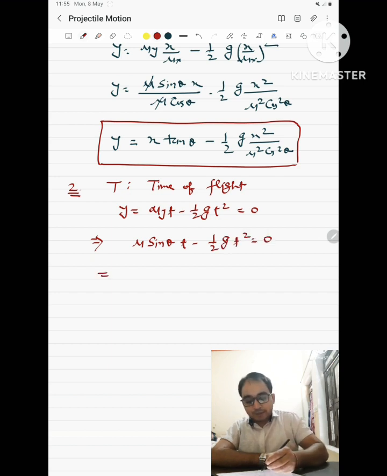So from this equation we will get t is equal to 0 or t is equal to 2u sin theta upon g.